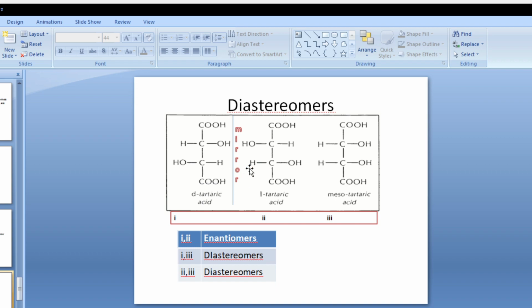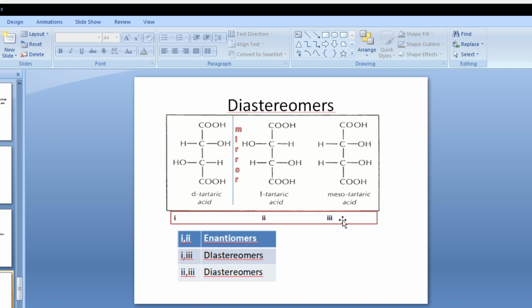Now these two are mirror images. The first two molecules, 1 and 2, are exact mirror images, one is D-tartaric acid and one is L-tartaric acid. The third one, this is meso-tartaric acid, which is not a mirror image of 1 and 2, that is D-tartaric acid and L-tartaric acid.